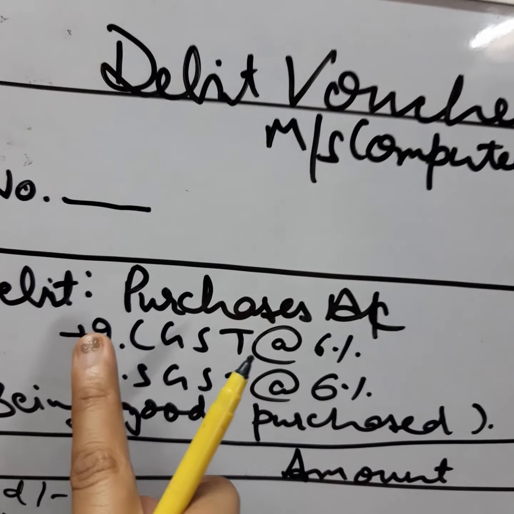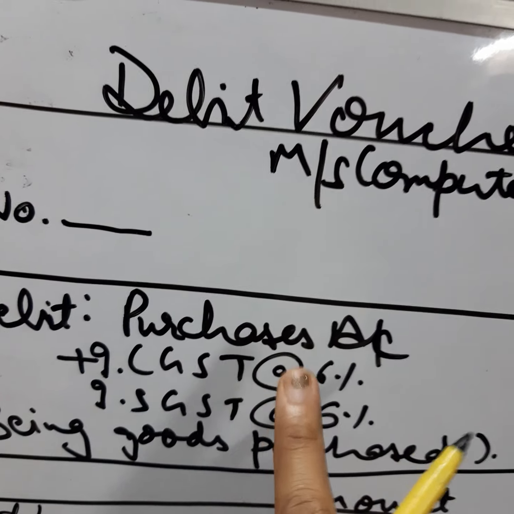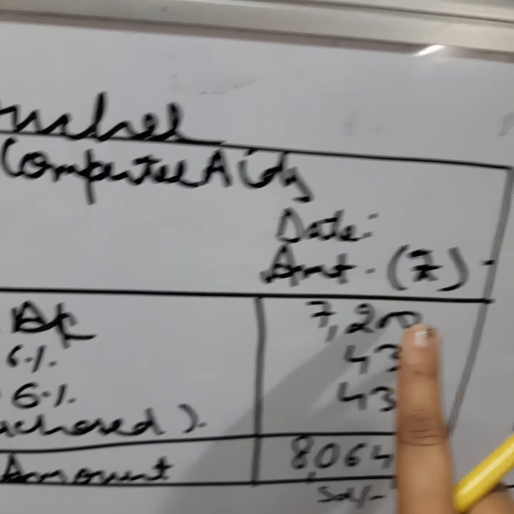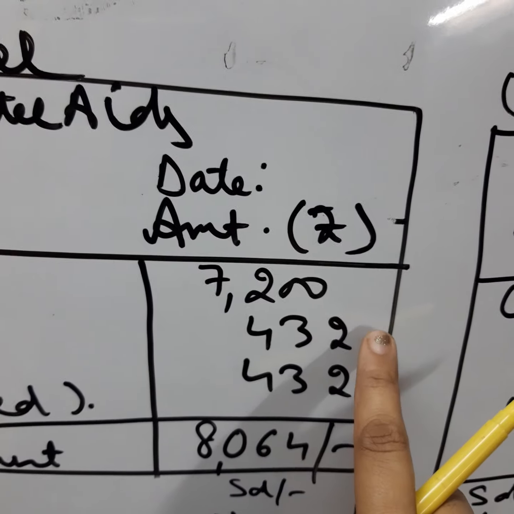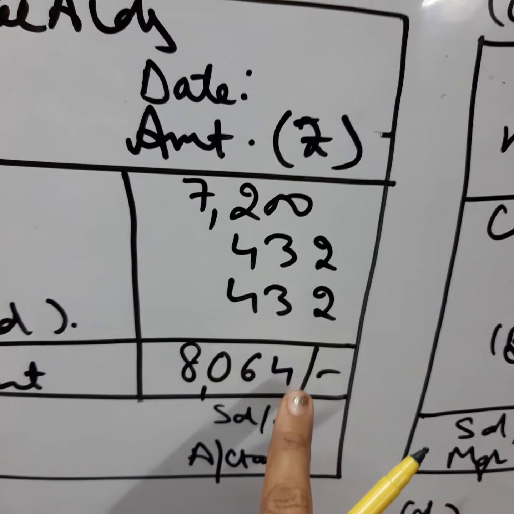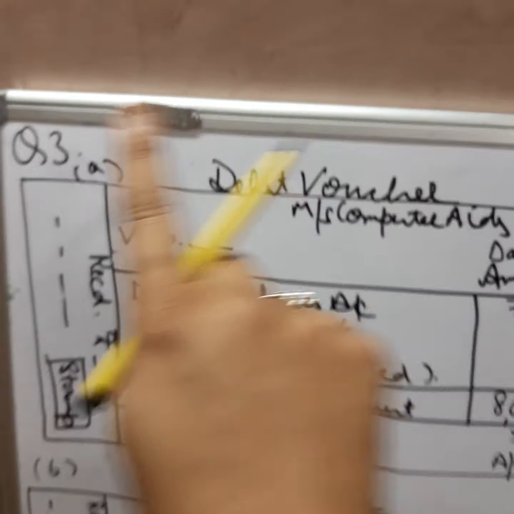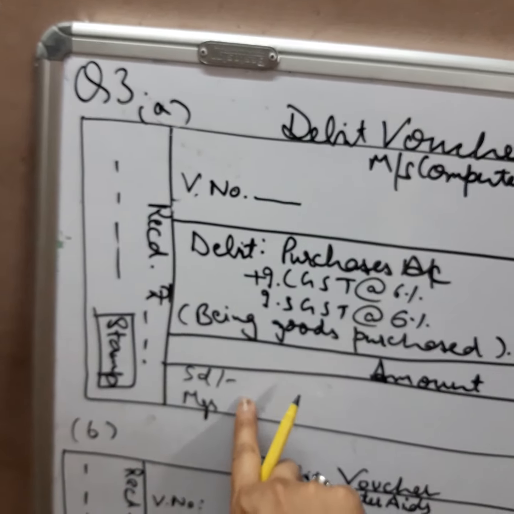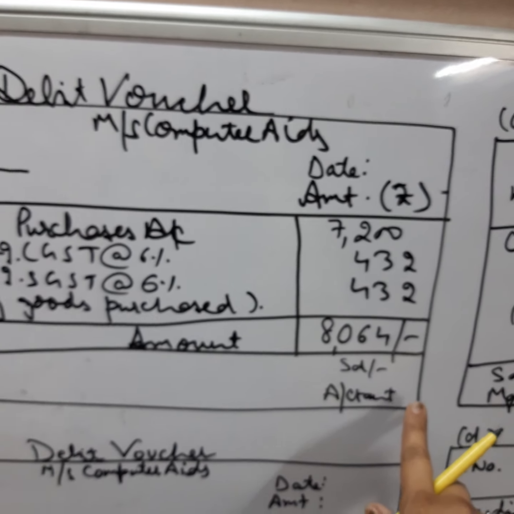That GST is called input CGST and input SGST at the rate 6% each of 7200, that is 432 each. So total amount paid is 8064. This way we'll prepare the debit voucher. Under the voucher the manager will sign and accountant will sign here.